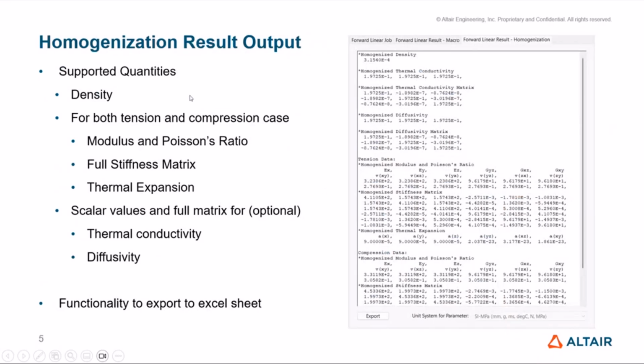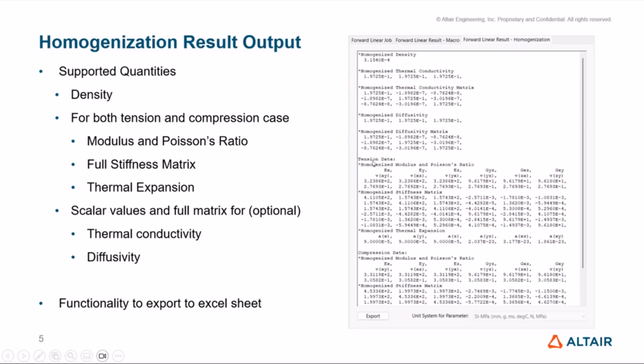Perfectly matching that feature, we also added a third tab in the elastic result. So we have a job definition, a virtual test result summary, and now we added again the full summary of all results of a homogenization on unit cell level, starting from the density and the thermal conductivity, diagonal terms, and the full matrix.